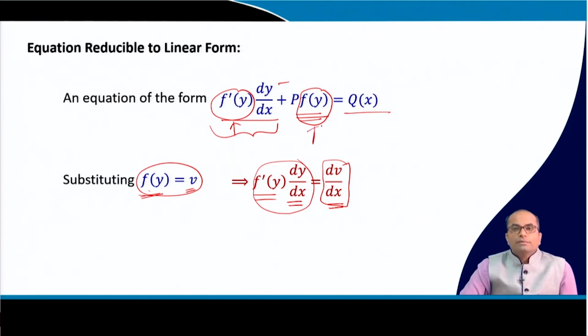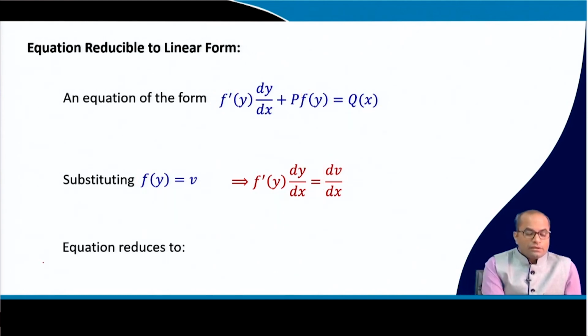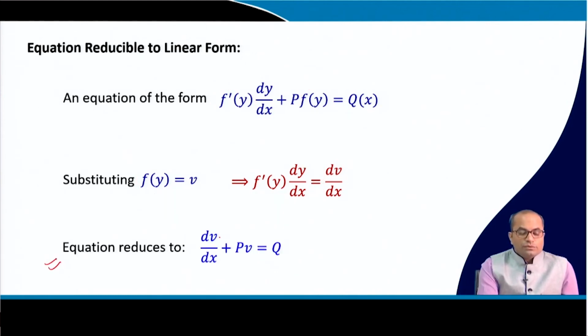So, the equation will become linear in v. So, the equation reduces to dv over dx plus pv, and the right hand side is just qx, not changed, only the y variable is changed.